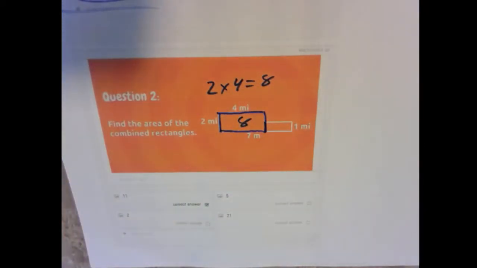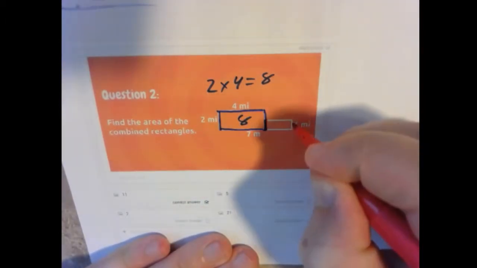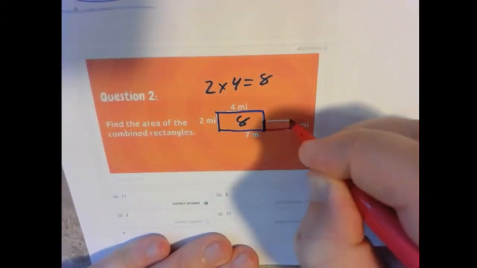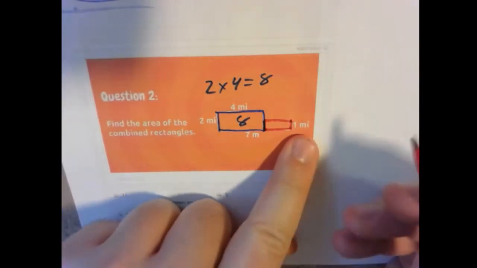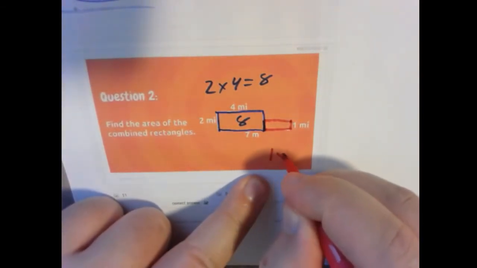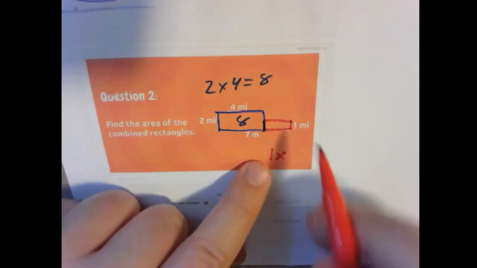We'll do a different color. Now we need to find this rectangle. It has a height of 1. That part was easy. But what's the other dimension?